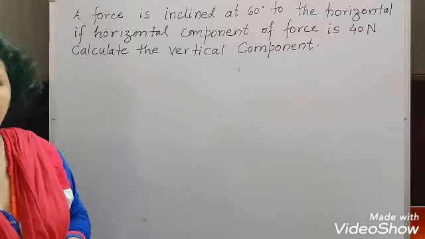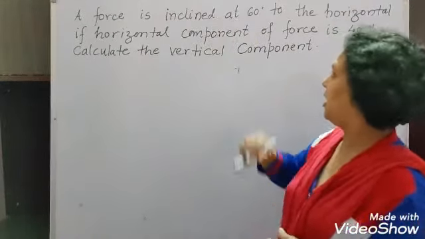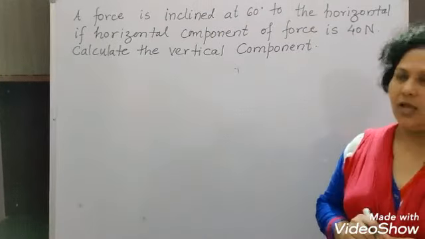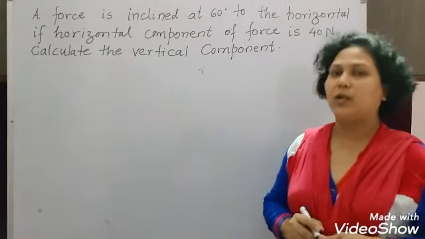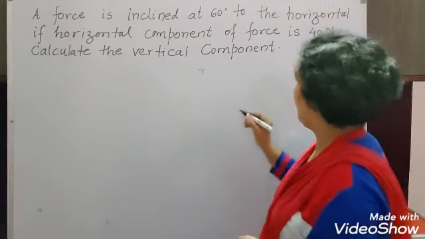A question is given here. A force is inclined at 60 degrees to the horizontal. If the horizontal component of the force is 40 Newton, calculate the vertical component. What is given here?